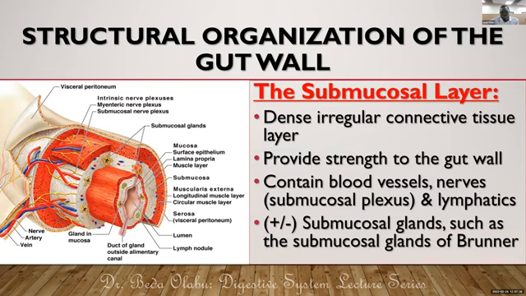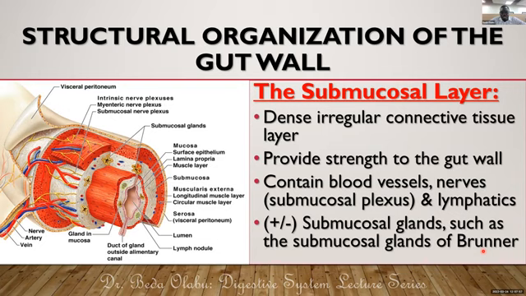They are important in producing a mucoid secretion that has a high pH to be able to neutralize the gastric acid. So take note that two regions of the GIT have submucosal glands, the esophagus and the duodenum. The ones in the duodenum are known as the submucosal glands of Brunner. You can just call them Brunner's glands.